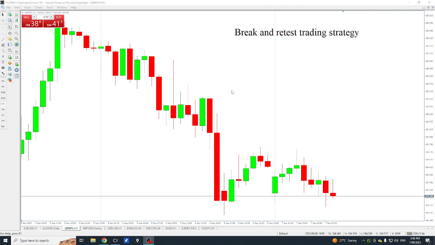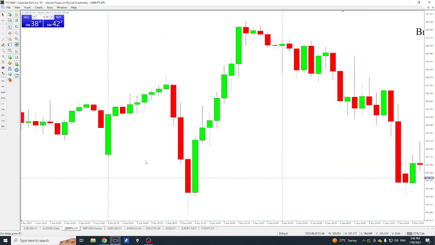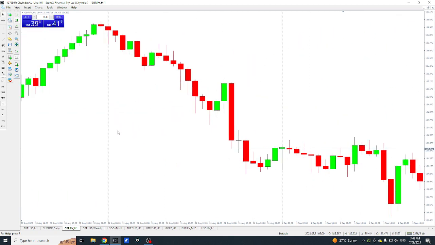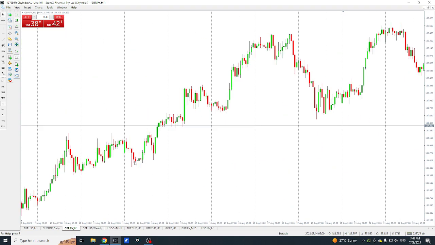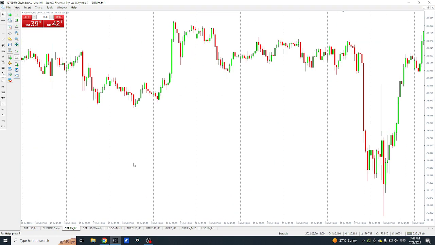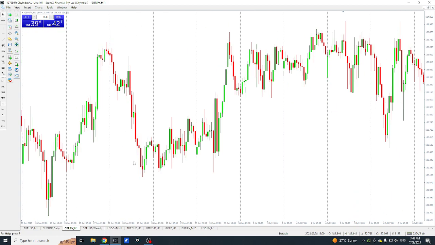So this is the current chart, today's chart, 7th of September 2023. Let's move back on the 1 hour. We can test this strategy on the 1 hour time frame and see how it works within this year.